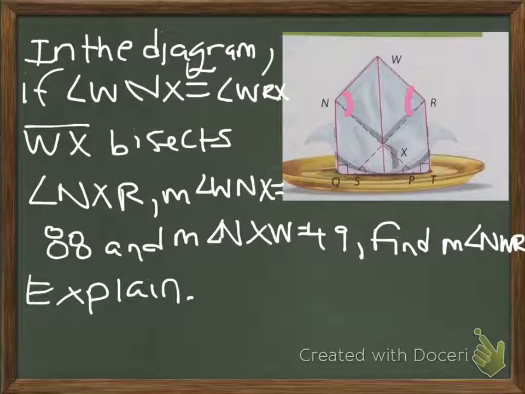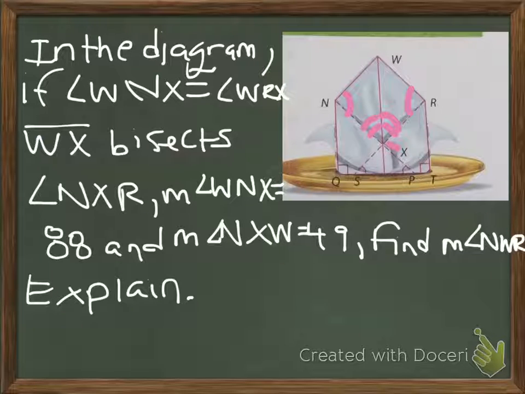It says WX bisects angle NXR. So NXR is in the middle here because this is at X. And if WX is bisecting it, that makes this angle equal to this angle because it's splitting it in half.